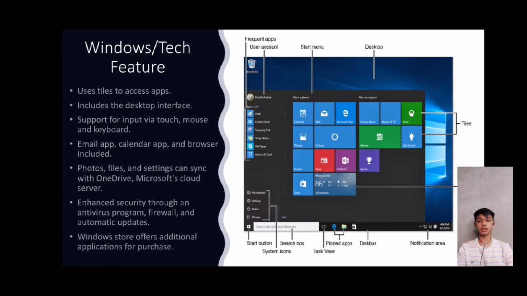In addition to basic capabilities, the latest version of Windows offers these features: uses tiles to access apps, includes the desktop interface, support for input via touch, mouse, and keyboard, email app, calendar app, and browser included. Photos, files, and settings can sync with OneDrive, Microsoft's cloud server. Enhanced security through an antivirus program. Windows Store offers additional applications for purchase.